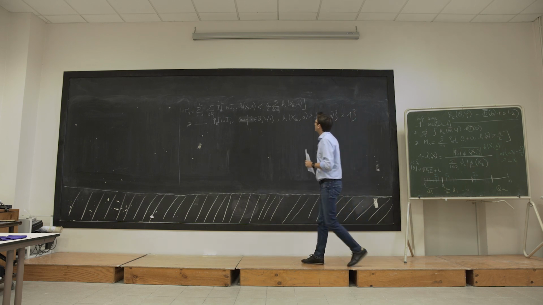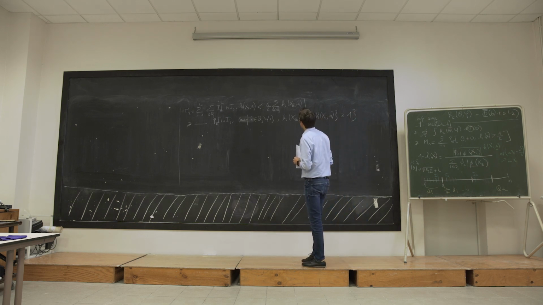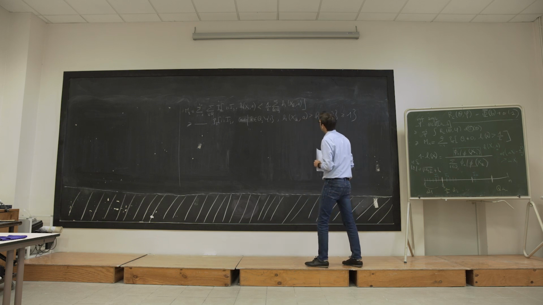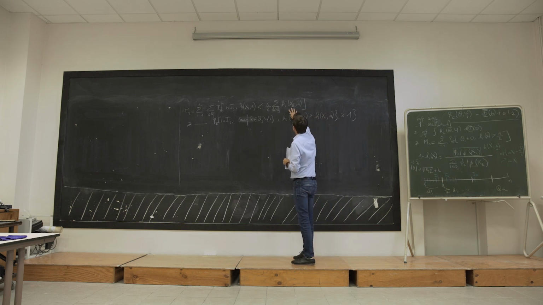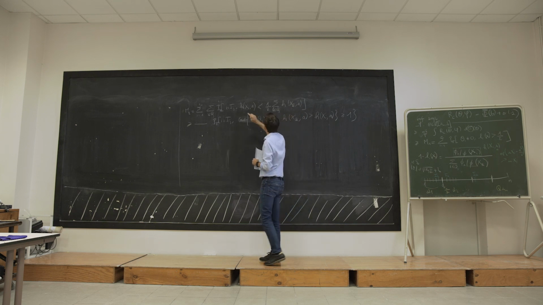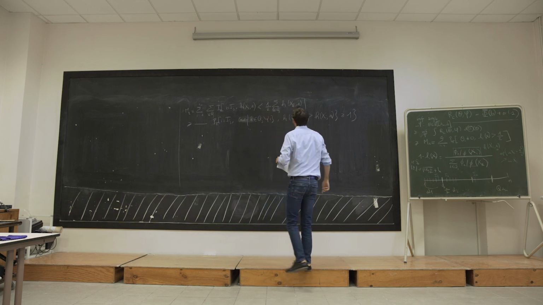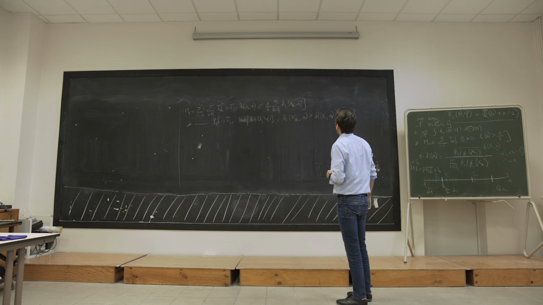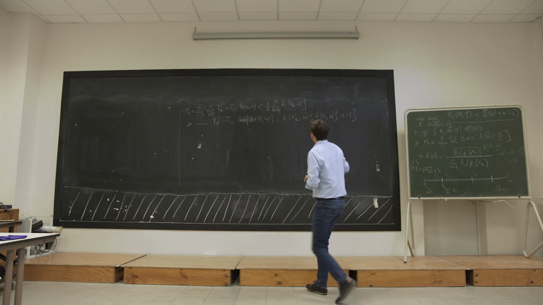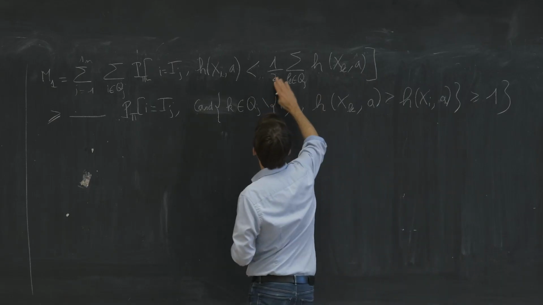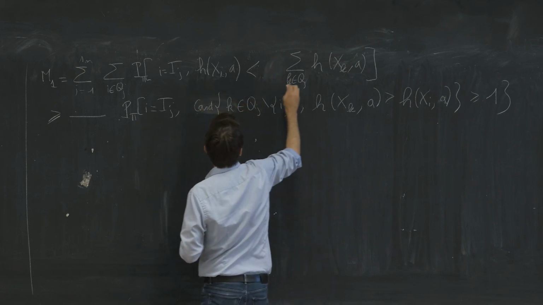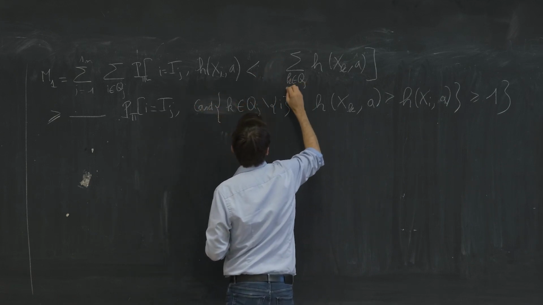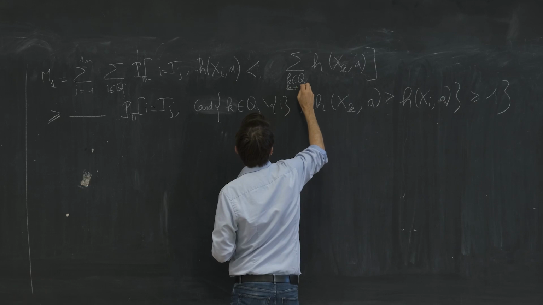So why is this? Among this sum I have the index i, so I can put it on the other side, and then I get this thing here with k different from i.